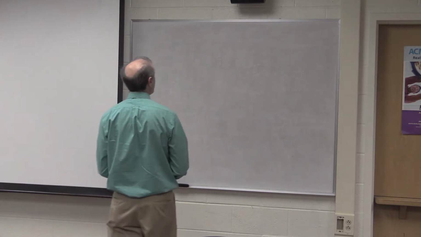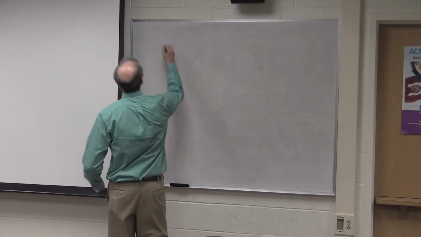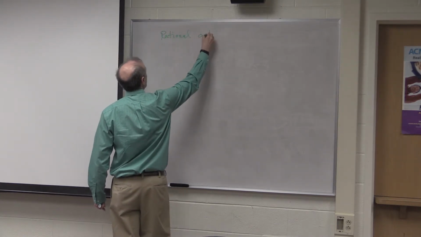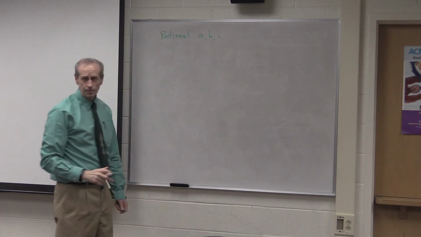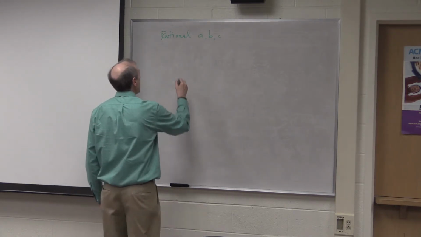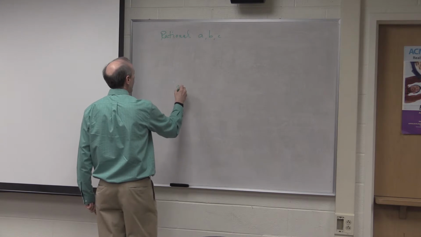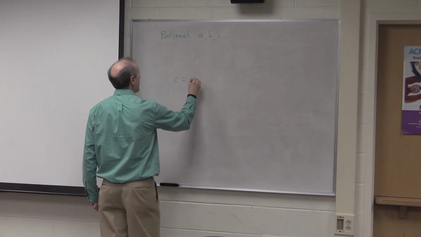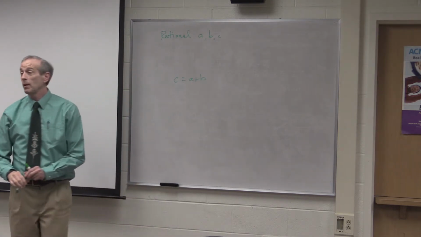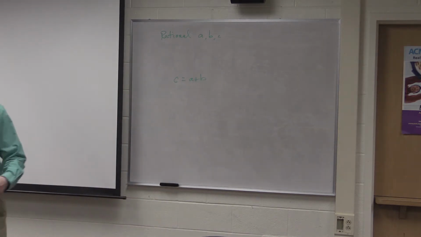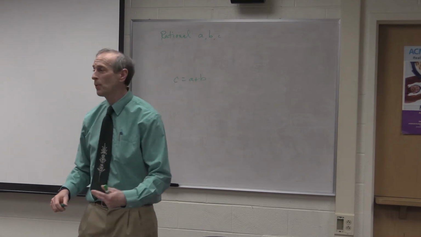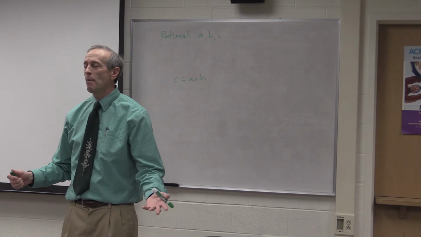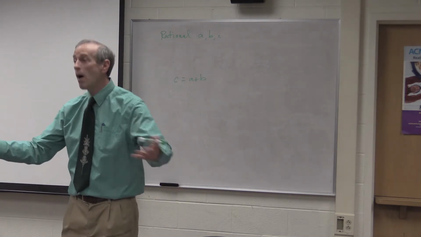So the idea then is that we can have rational A, B, C, and then in our main program we can say C equals A plus B. That we can actually use the arithmetic operators as if these objects are numbers, which they are, right?